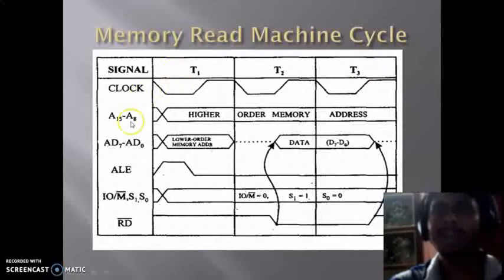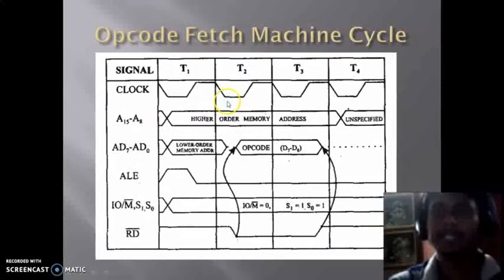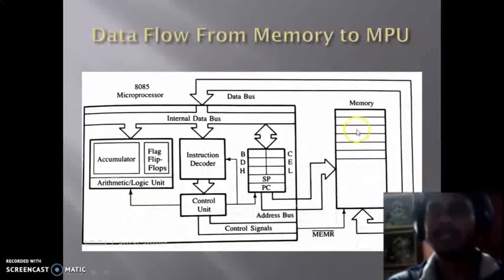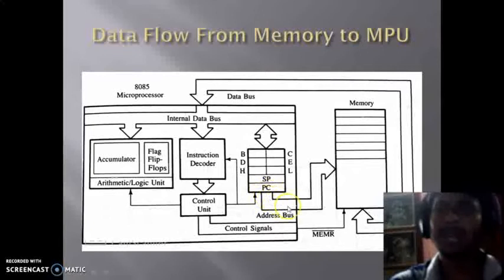Similarly, we have to address the data that is stored in memory, as I already discussed. So the address will be placed into the address bus from the program counter, and after addressing the data, it can be transferred by the data bus to the microprocessor for any kind of operation.